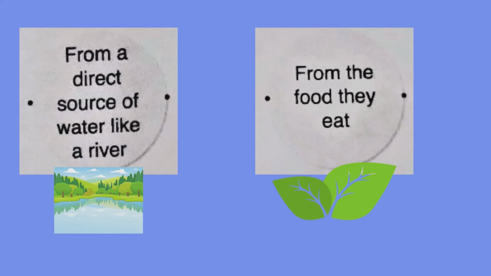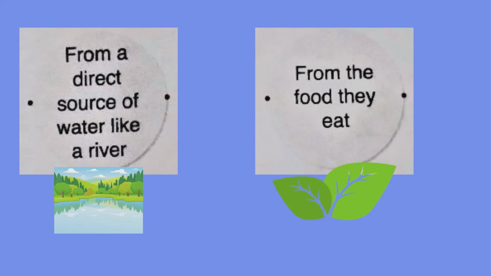The first one is from a direct source of water like a river. So animals get the water from here. They drink from the river. Next, from the food they eat, especially the leaves of the plants.